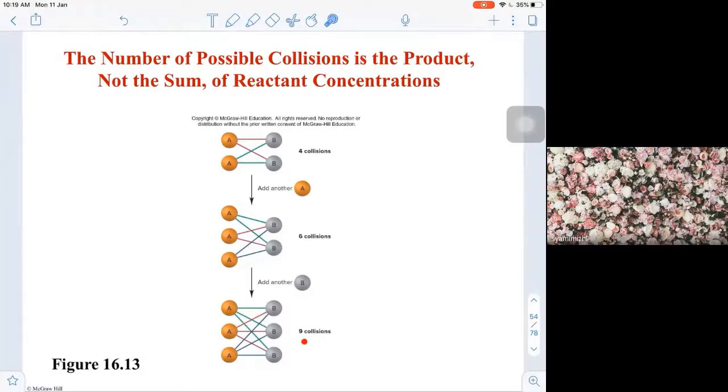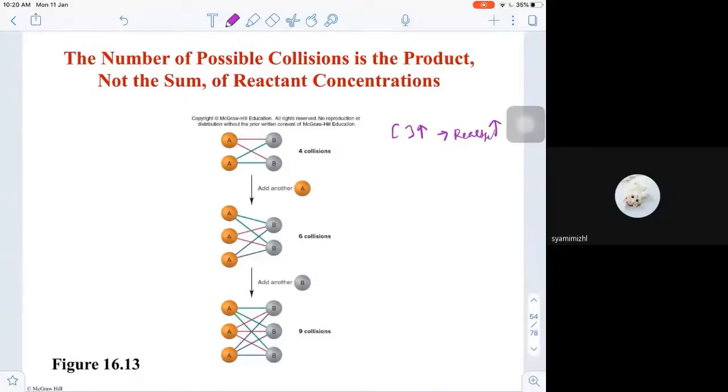So from the collision theory, in order for the reaction to occur, before they react, they have to collide. When we increase the concentration, we know that it will increase the number of reactant particles.